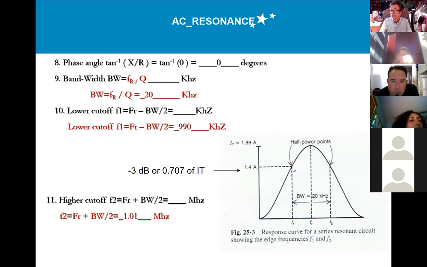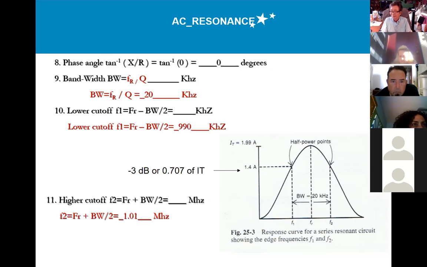From negative 3 dB. You take the maximum current and multiply it by 0.707. Perfect. What is that frequency called in general? That's your lower cutoff frequency, in general the corner, cutoff, or critical frequency, right? When they're going down minus 3 dB.